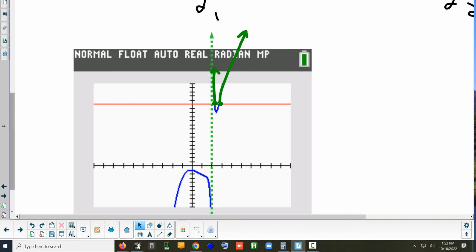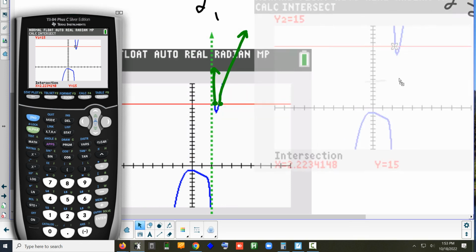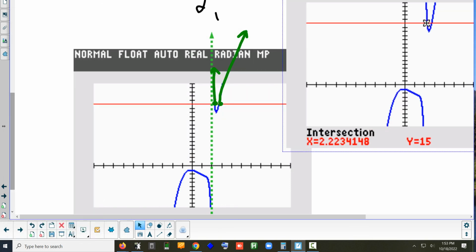Okay, let's start with the one on the left. So second calc, intersect. Move your cursor until you get it up there, but try to put it closer to the one on the left. Okay, so that's my first intersection point, 2.22 for an x value.